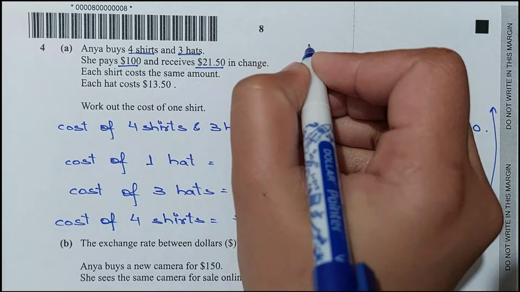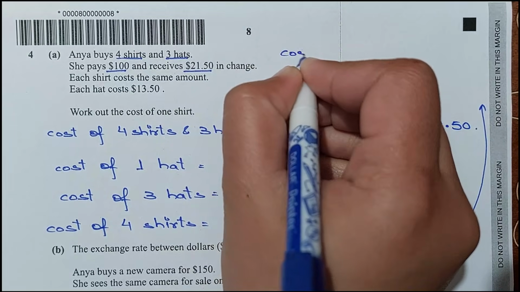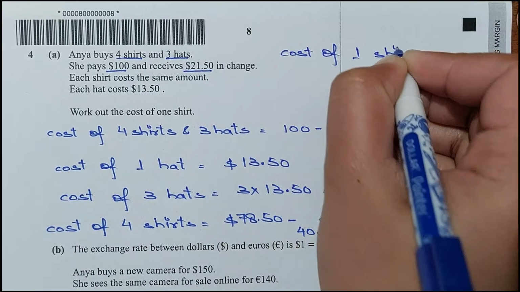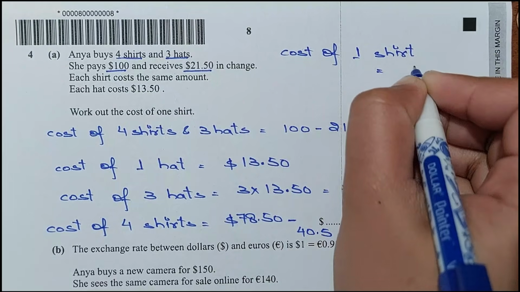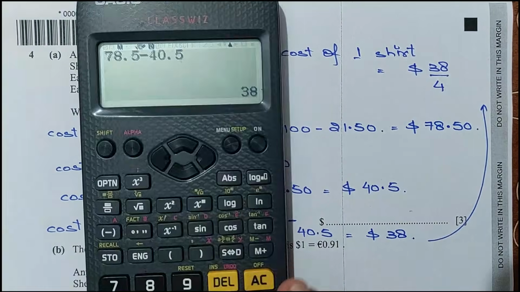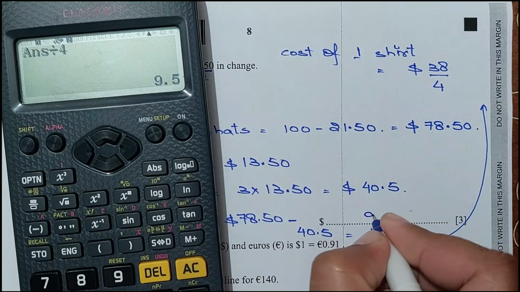Now we have to find the cost of one shirt, right? So the cost of one shirt equals $38 divided by 4, which is $9.5.